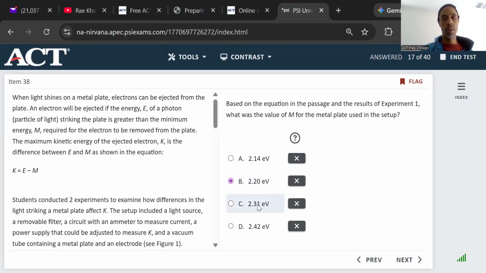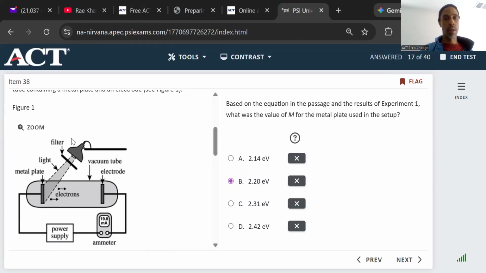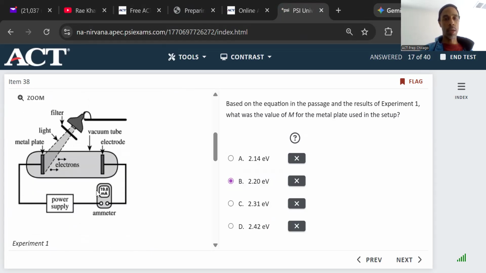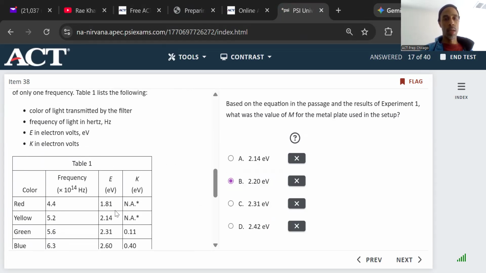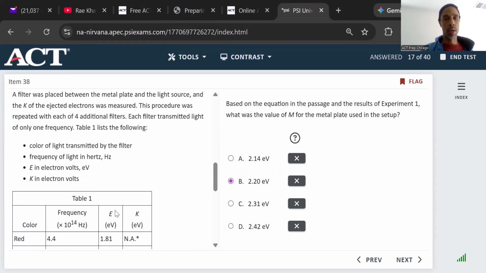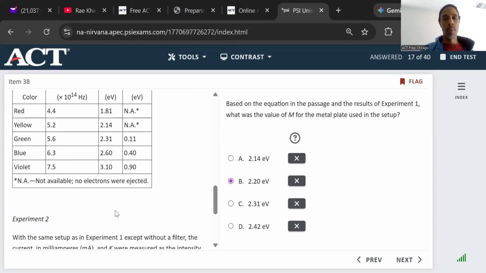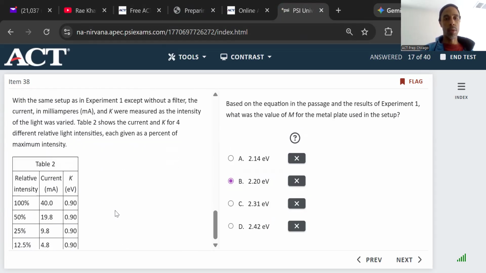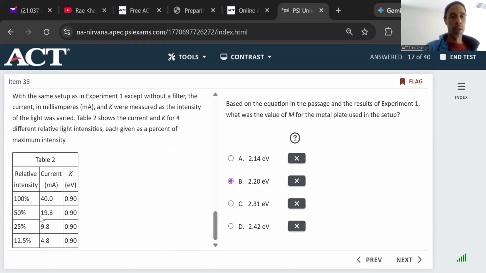Because my thinking was this: here's the setup, but it had a current of 19.8, and when it's a 19.8 current, it had a relative intensity of 50% too. So I don't know if that alters it, but it had a K of 0.9.